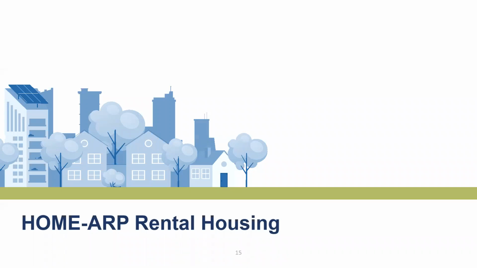How do you maintain the financial viability of these units when there's no project-based rental assistance and insufficient revenue to cover operating expenses? To address these challenges and maintain affordability, we've established alternative rent requirements, allowed payment of 100% of eligible costs associated with the HOME-ARP units, permitted the use of HOME-ARP funds to provide ongoing operating cost assistance or the capitalization of an operating cost assistance reserve, established a minimum 15-year compliance period, regardless of the amount of investment or activity.